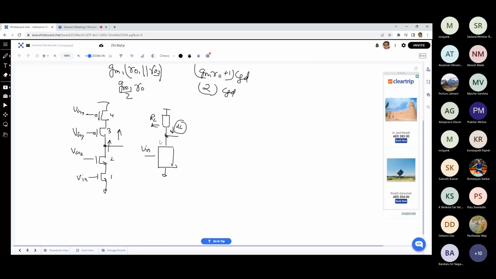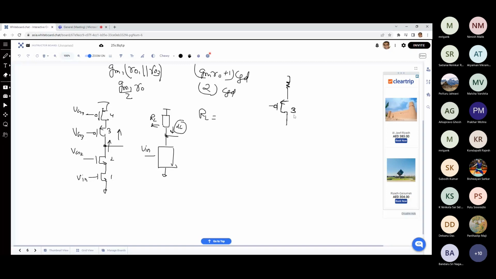So RL is already known to us. What is RL? GM3 RO3 RO4, approximately. So looking into the drain of the PMOS, where you have a source resistance, right? This is just like in case of NMOS. Here also you have the same scenario.